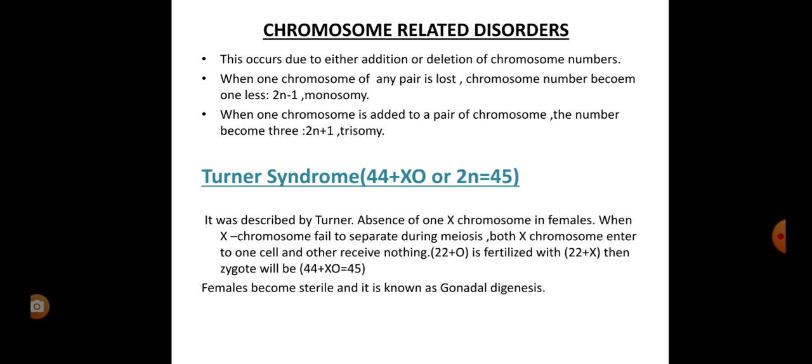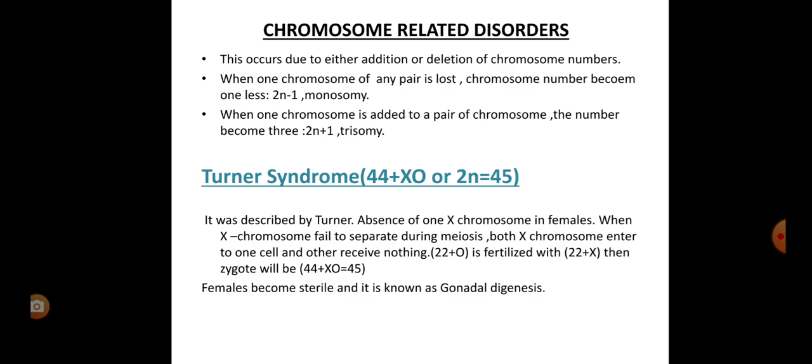So when the X chromosomes fail to separate during meiosis, or during gamete formation, both X chromosomes enter one cell and the other cell receives nothing. That means the other cell has 22 autosomes and no sex chromosome, that is 22 plus 0. And if it is fertilized with 22 plus X, the X bearing sperm, then the zygote will be 44 plus X0, 44 autosomes plus X0.